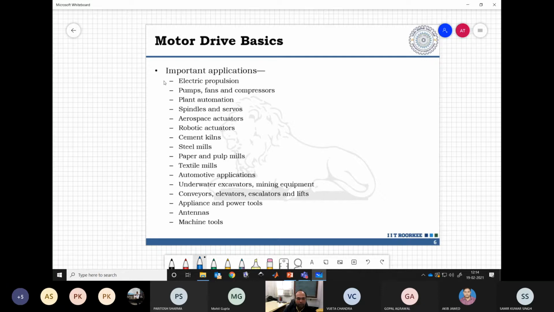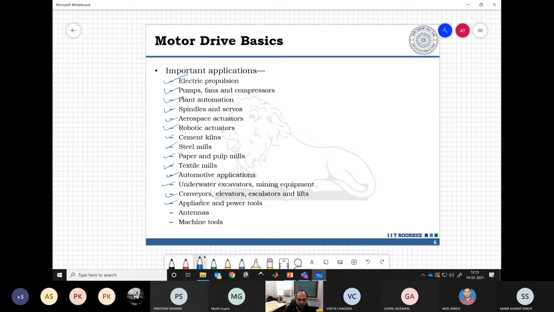Starting from propulsion to pumps, fans, compressors, plant automation, spindles, aerospace applications, robotics, the cement industry, steel industry, paper and pulp industry, textile industry, automotive applications, then underwater or mining applications. Then we have conveyors, elevators, accelerators, lifts, everything.